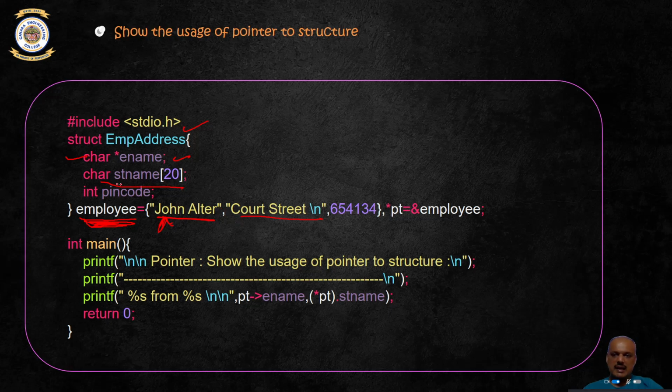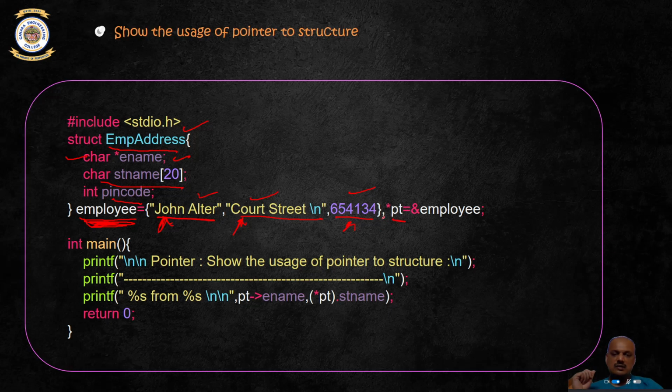Okay, so this array stname stores this string literal. With the next line as well, and this pin code associated with the employee stores this literal, which is an integer. So an instance is being created, it is being initialized with proper values, and then again a pointer of this type is being defined.